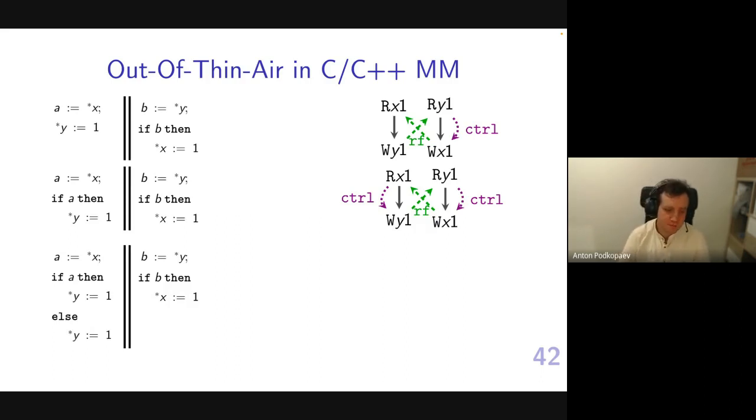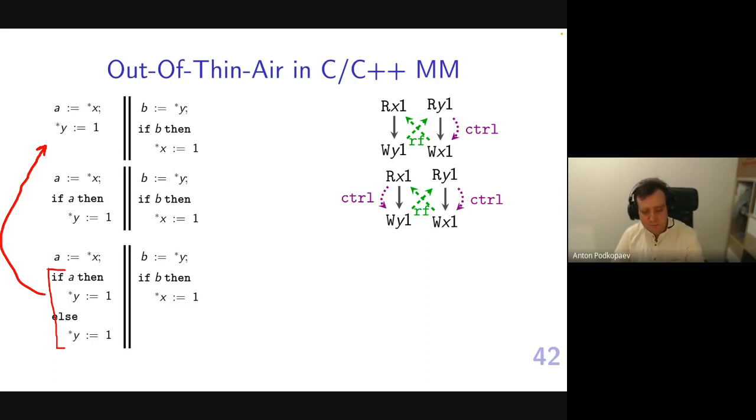Here, instead of having a simple if with a then branch, we have an if statement with then and else branches being identical. The problem is that we would like to be able to optimize this program to that one. This is a common compiler optimization to remove a conditional if there is no need for it, right?